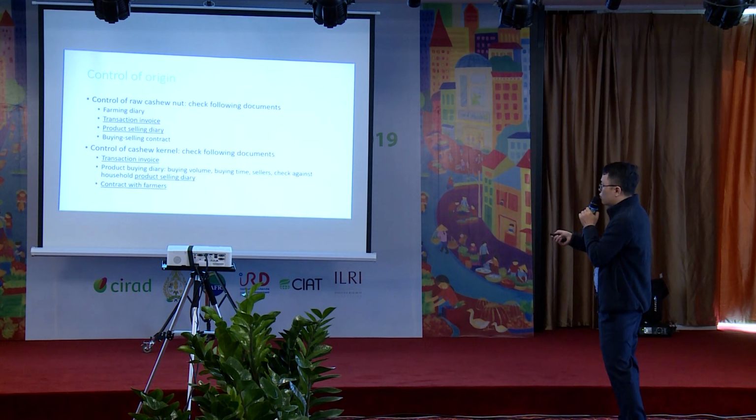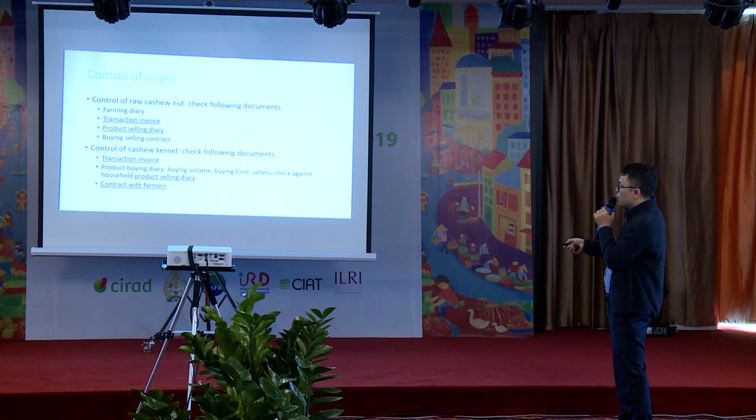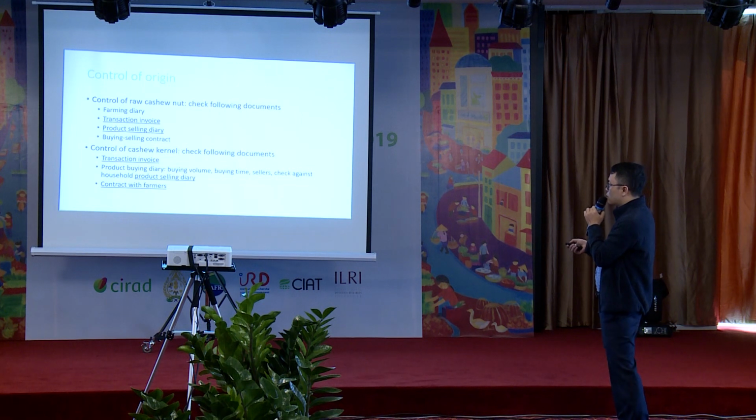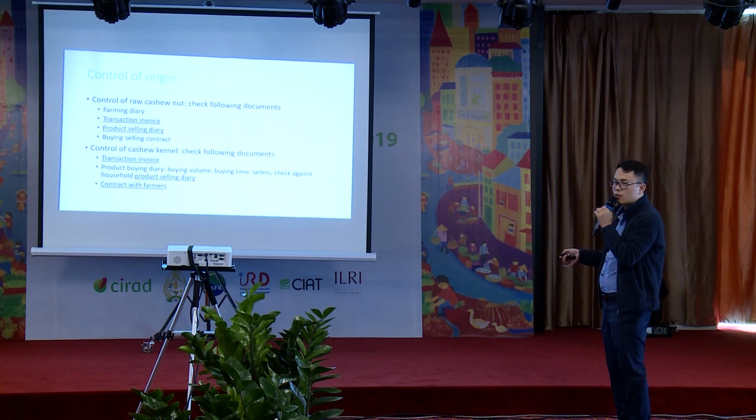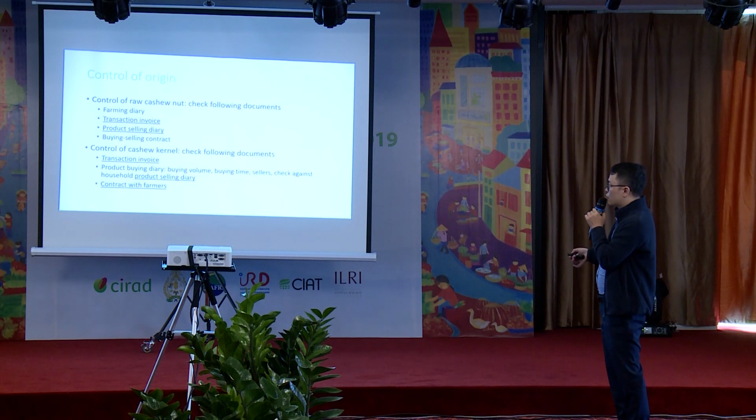So the farmer has to keep all the information. Similarly, for the control of cashew kernels, this is primarily in the processing company. They have to keep similar documents like the transaction invoice, the product buying diary, and the contract with the farmer.